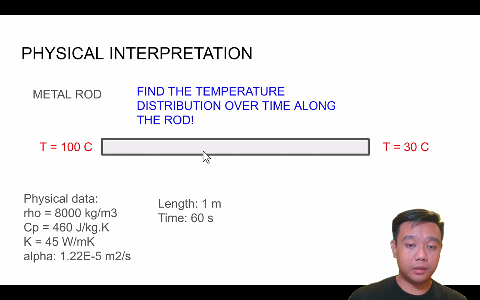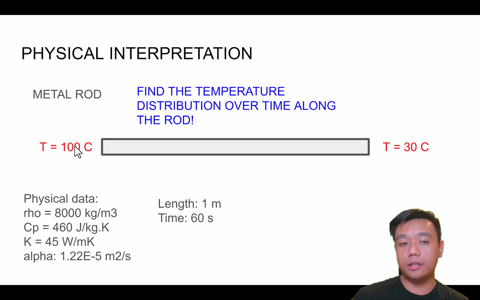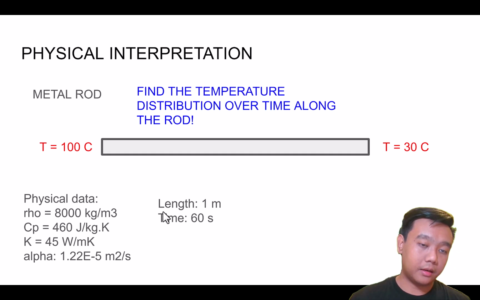I will set the temperature of the leftmost part of the rod to be 100 degrees Celsius and the rightmost to be 30 degrees Celsius, and I will simulate it for 60 seconds.